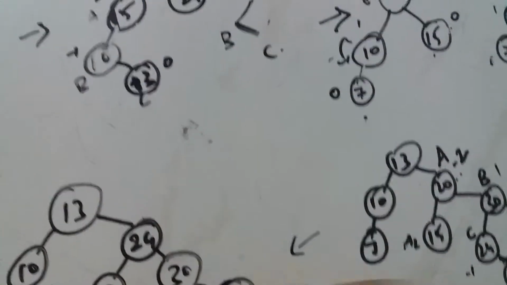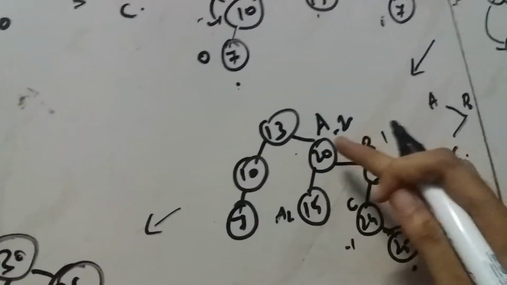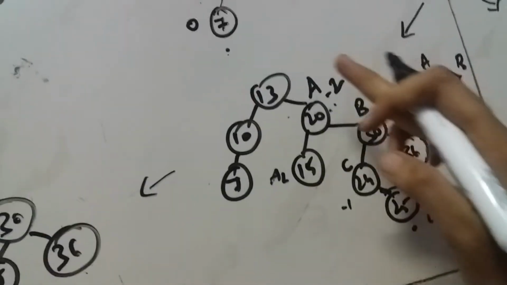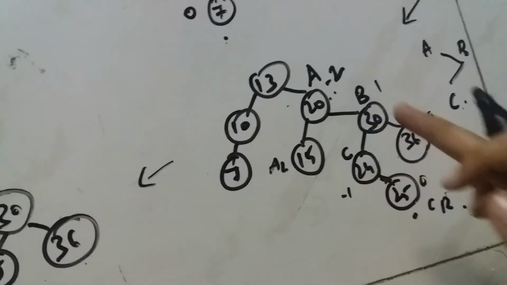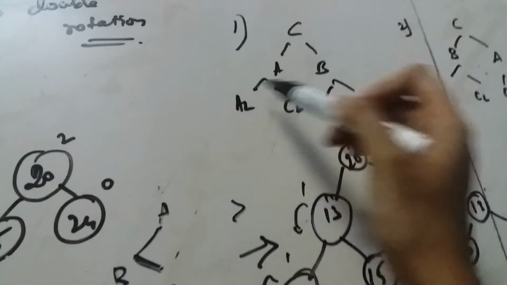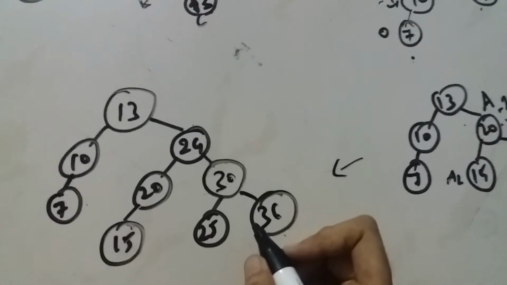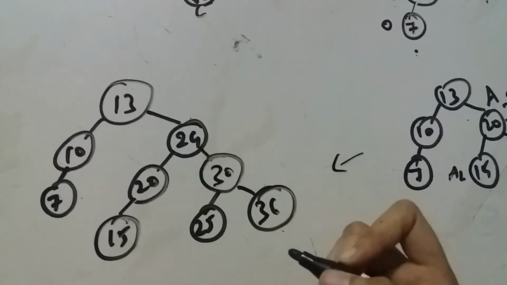Here comes 36. So if the node is inserted as right of left subtree, double rotation, you need to mark the nodes with alphabets. A, B, C: if it is a greater symbol, you need to consider this formula, CAB. If it is a lesser symbol, you need to consider this formula. Mark with alphabets and make insertion as per the formula.